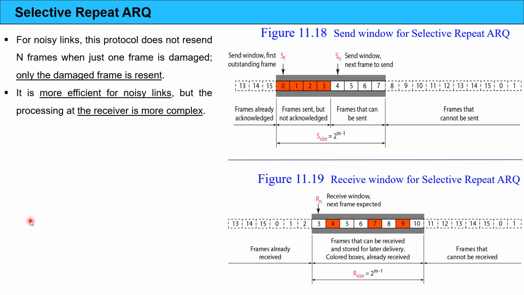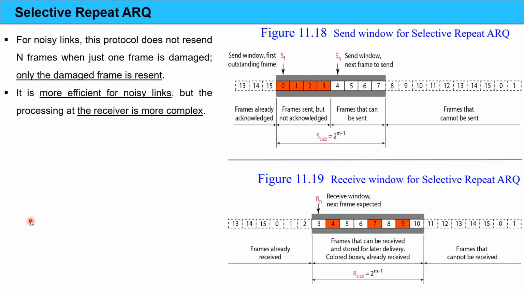But now, the disadvantage, or the cost of enhancing the transmission side, is that the receiver is more complex. Why? Because we increased the receiver window and I can receive the frames out of order, so it will be a little bit complicated.